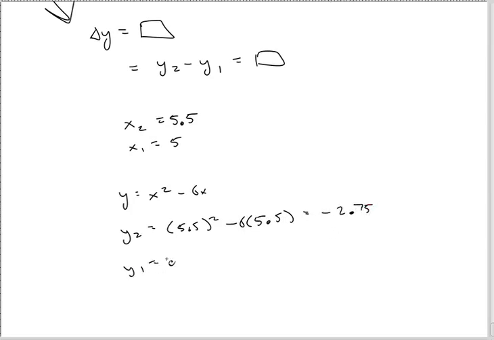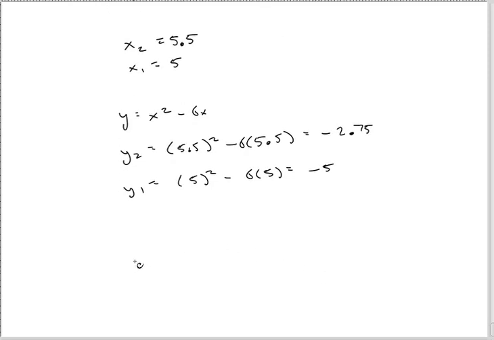My y1, I'm going to plug in a 5, which is a little bit more integer, and I got a negative 5. And so if I take y2 minus y1 manually here, I would get negative 2.75 minus a negative 5. Two negatives make a positive, obviously. And we end up with 2.25 as my delta y.